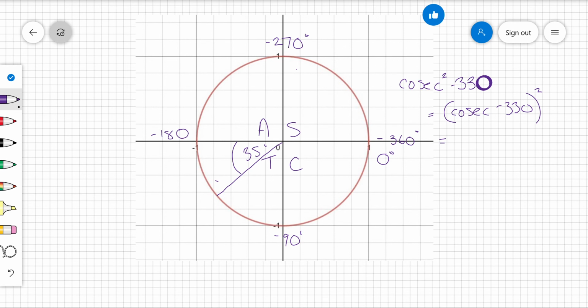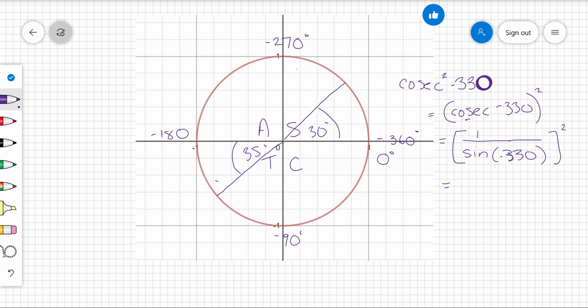So we know cosec, because of the third letter, is the reciprocal of sine. So we've got 1 over sine of negative 330, squared. If we look at the angle negative 330, we're over here, where this angle would be 30 degrees.